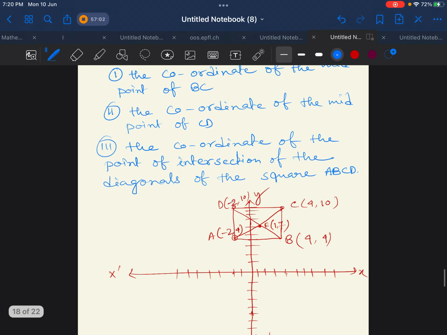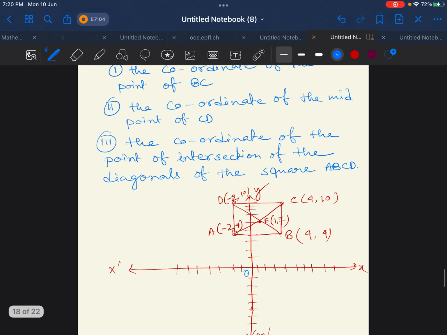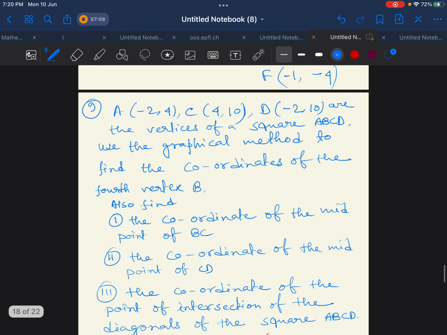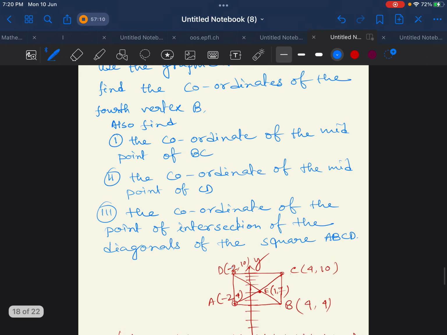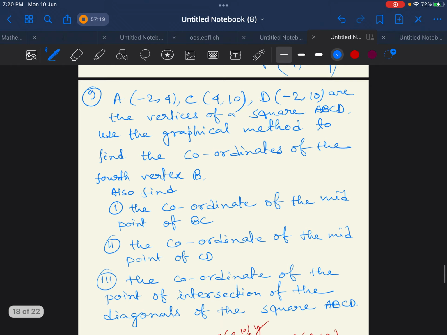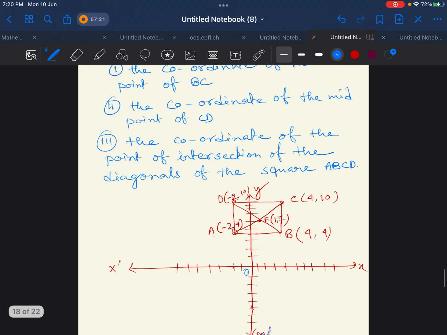So we have to plot this graph, XOX dash and YOY dash. Okay. Now we have to plot the point A (minus 2, 4), minus 2 then 1 2 3 4. Here is the A point.